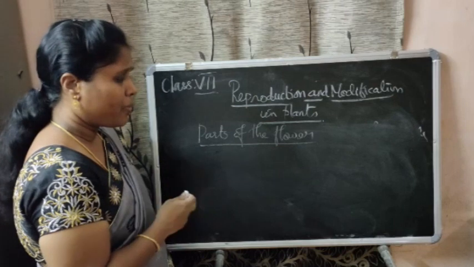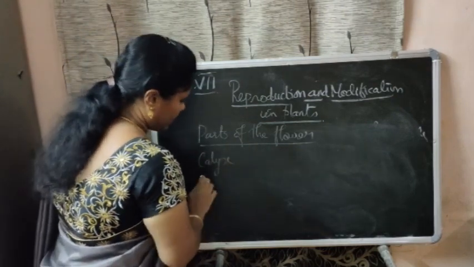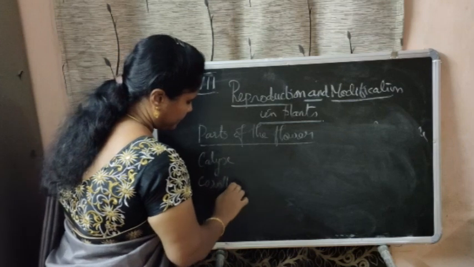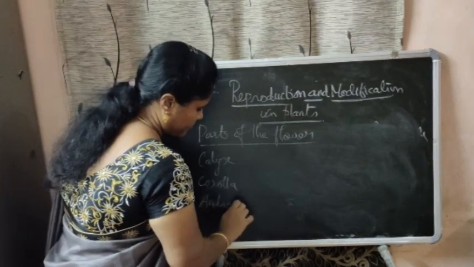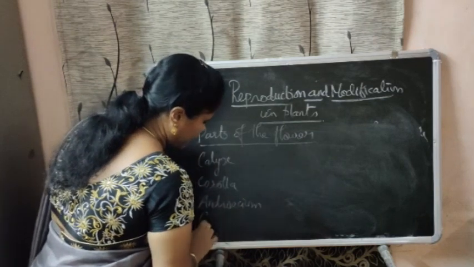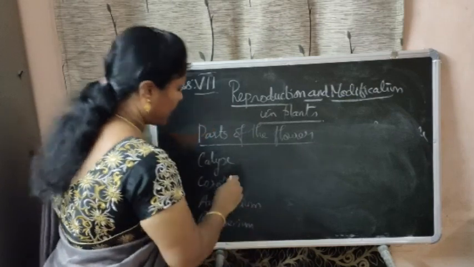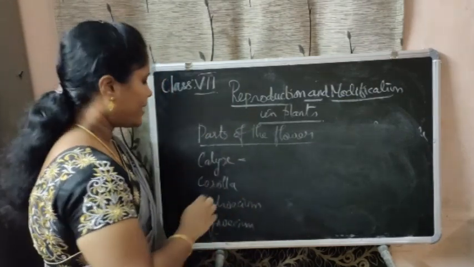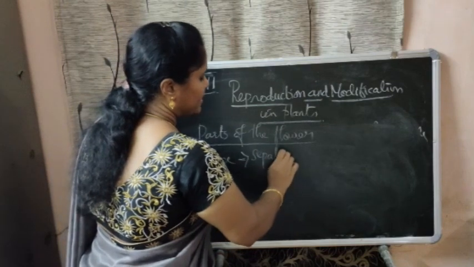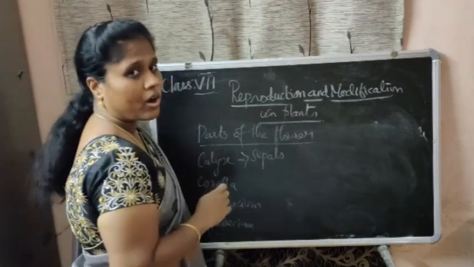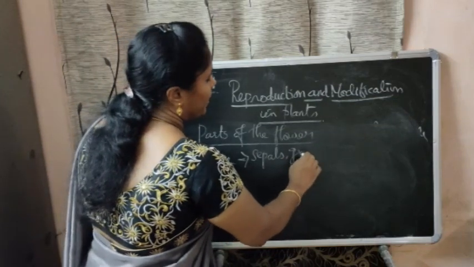You have four main parts of the flower: calyx, corolla, androecium and gynoecium. Calyx is also called sepals, and this is the green part of the flower.